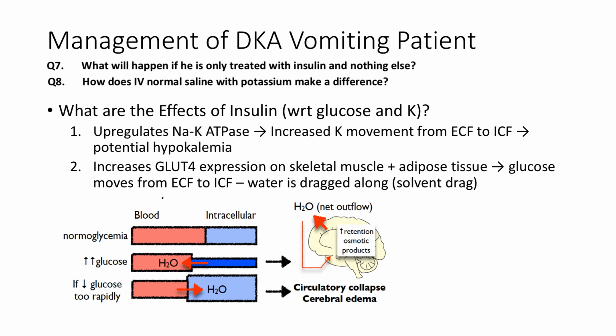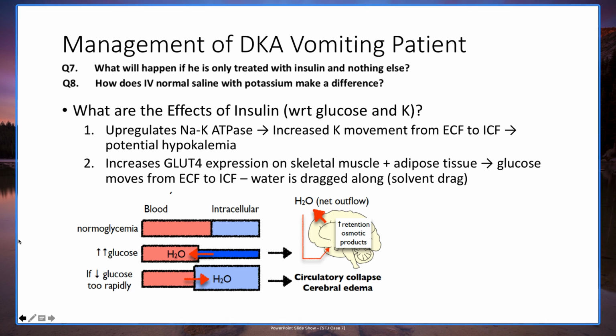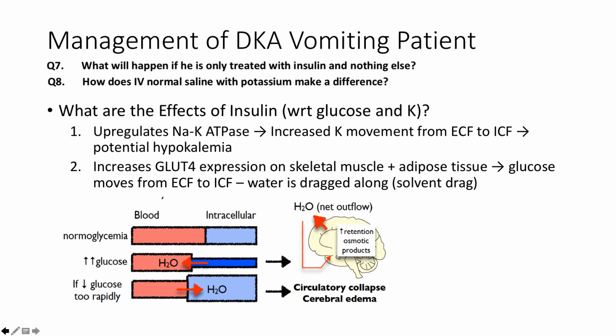Okay, second one about the potassium. Remember just now when we were looking at the patient's potassium, was the true potassium normal, low or high? Low, right? Because the patient was losing potassium through the urine, but at the same time, when I look at the potassium concentration in the renal panel, it appeared high because K was being drawn out from the intracellular space into the extracellular space due to acidosis.